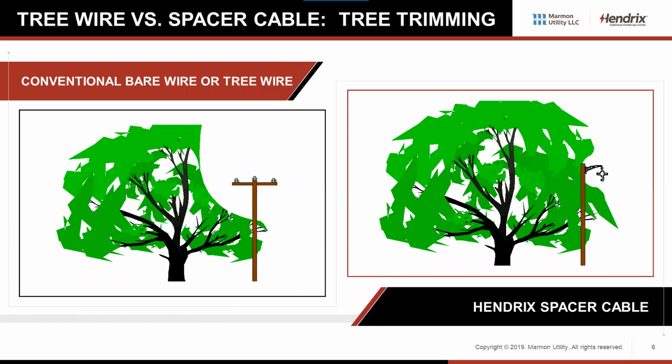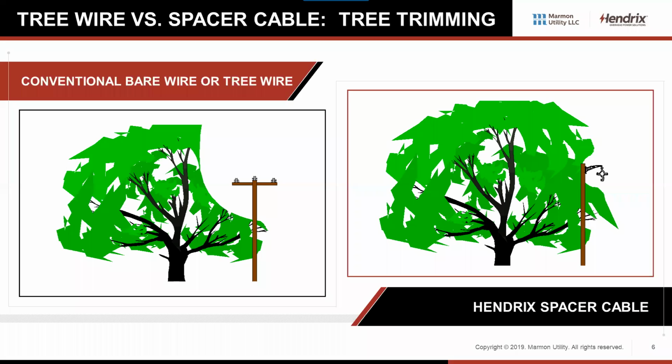From a tree trimming perspective, a clearance perspective, like I said, a lot of utilities will still maintain the same clearance between the conductor and the vegetation. But when you put all of the three phases in a relatively tight space, as you would with spacer cable, that significantly reduces the amount of trees that you have to keep trimmed back. The other thing is overhanging trees.